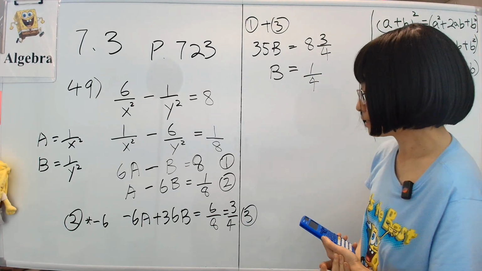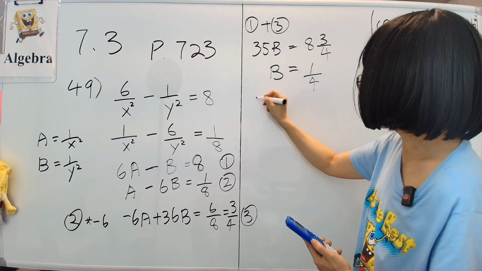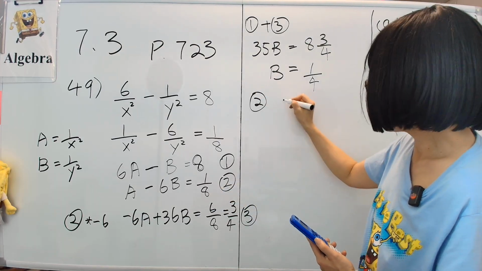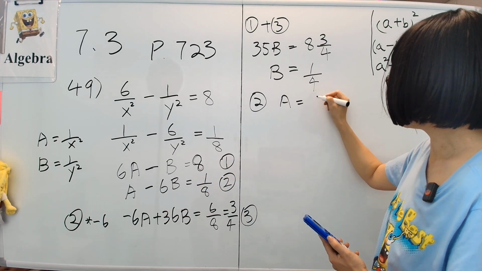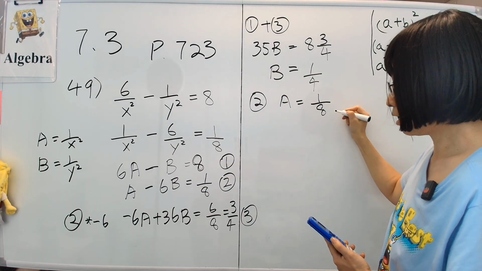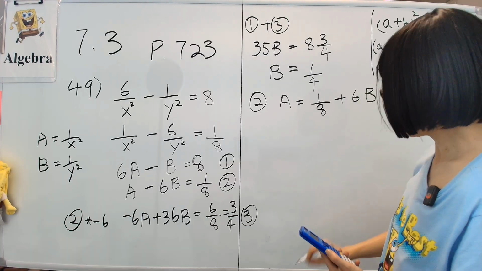All right, and then a, from equation 2, we get a equals to, move the minus 6b on the other side, 1/8 plus 6b. Right? All right.